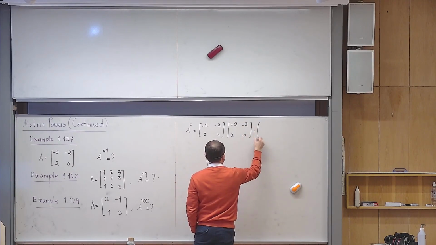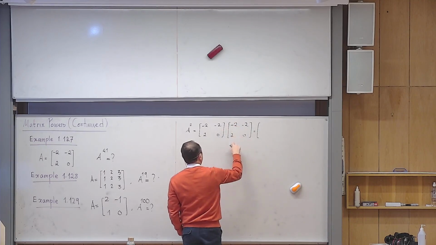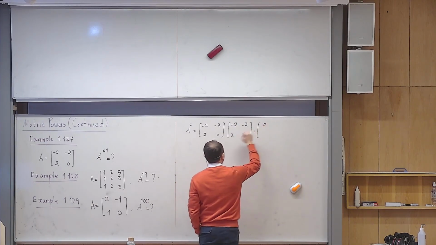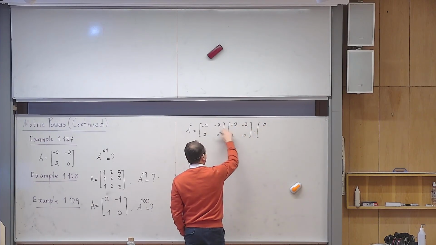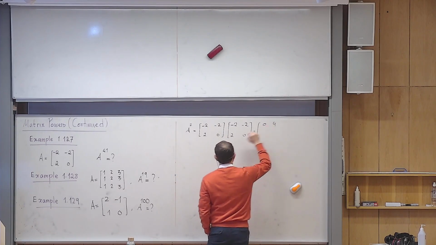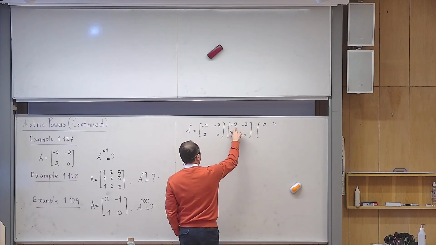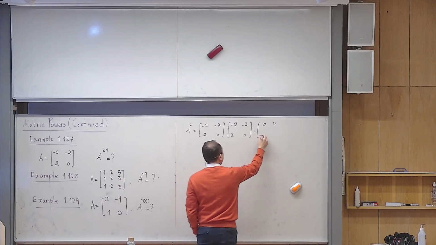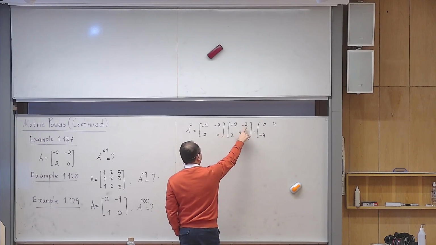So what do you get? This row should be multiplied here. This becomes +4, -4 becomes 0. This becomes +4, 0, so it's +4. And then this becomes -4. And then this becomes -4.